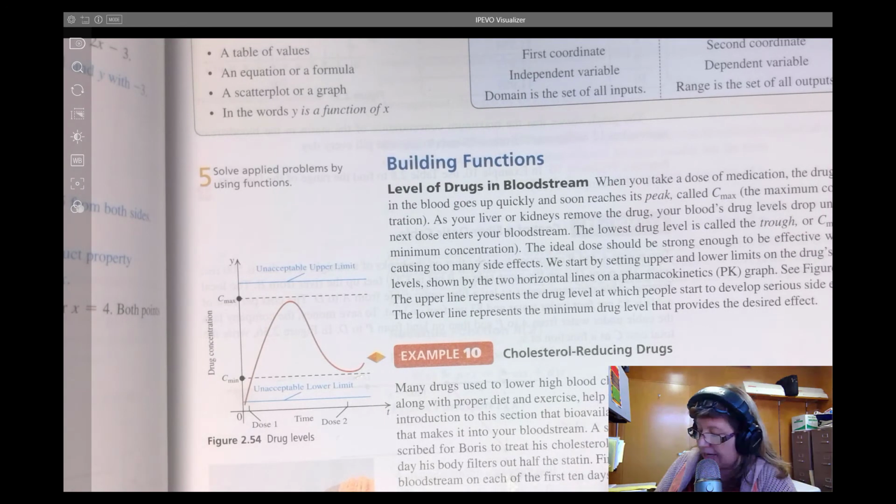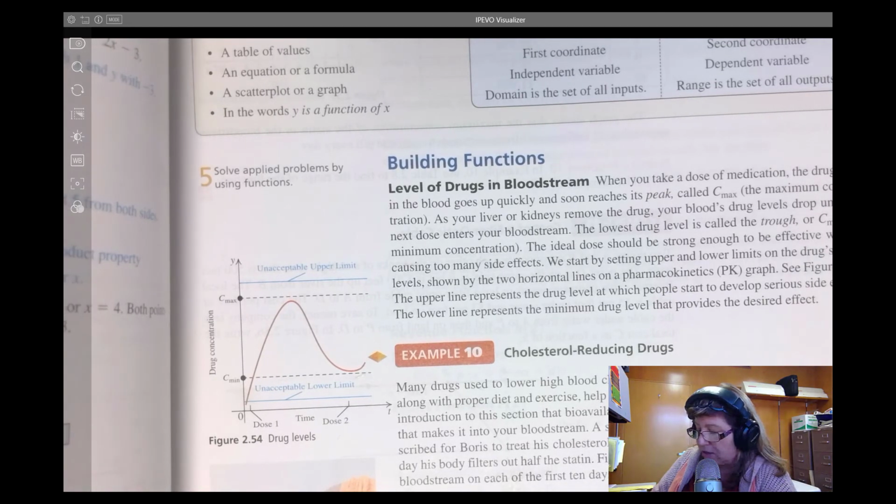The statin has a bioavailability of 30% and has been prescribed for Boris to treat his cholesterol levels. He is to take 20 milligrams daily. Every day, his body filters out half of the statin. Find the maximum concentration of statin in the bloodstream on each of the first 10 days of using the drug, and then we're going to graph the results.